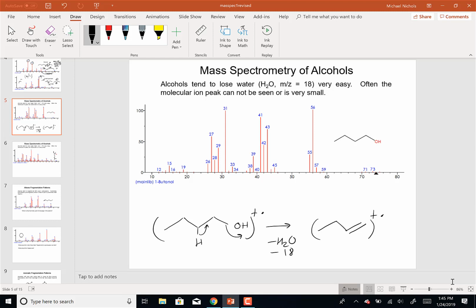That requires that you know ahead of time that you have an alcohol. So before I put my sample into the mass spectrometer, I need to know that it's an alcohol. How am I going to do that? Again?